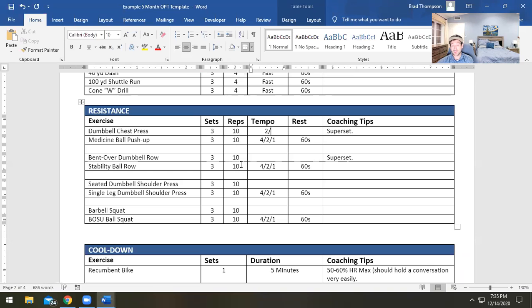And then my tempo is 2-0-2 for my strength movement and 4-2-1 for my stabilization, so nothing's changed there. 0 seconds of rest after my strength movement, 60 seconds of rest after my stabilization movement, and they're all supersets.